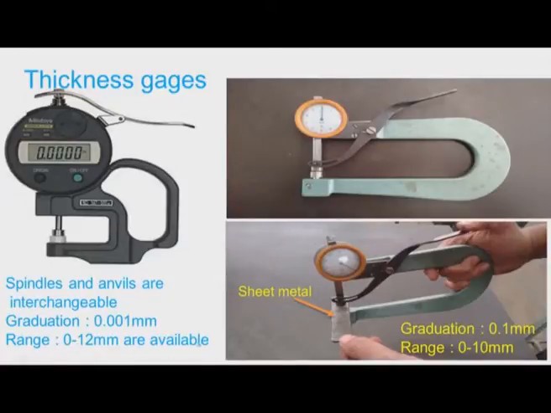And these two pictures show a dial type sheet metal thickness gauge. Again we have a lever here; we hold this body in our hand, pull this, insert the workpiece here, and this will directly give the reading. In this case the graduation is 0.1 millimeter and the range is 0 to 10 millimeter.